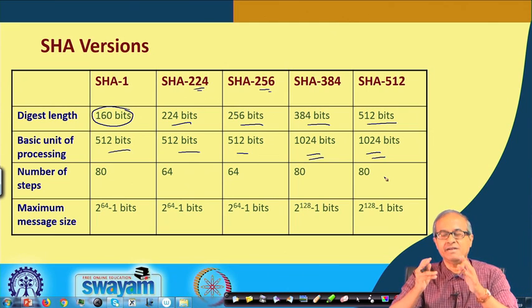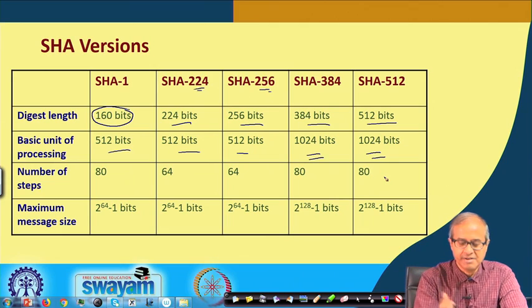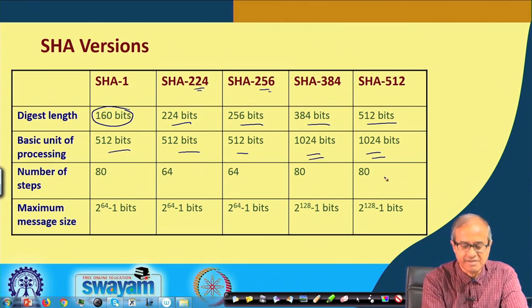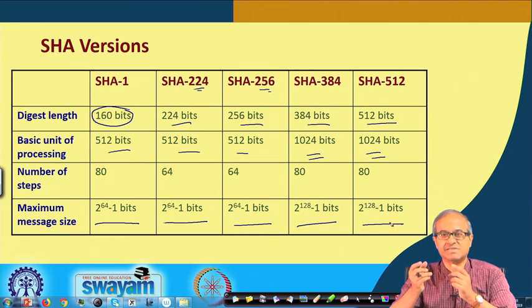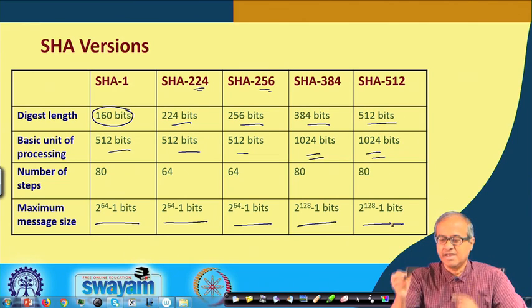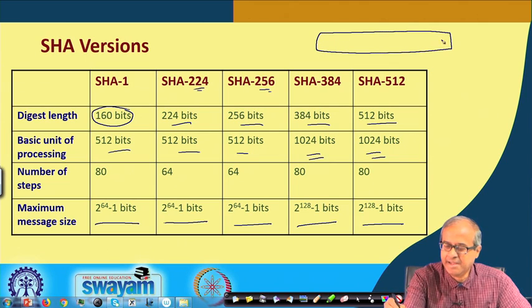And as I said earlier, the message size cannot be unlimited, there is an upper limit. Now, the upper limit is very large in fact. For the first 3, it is 2 to the power 64 minus 1, a huge number. For the last 2, it is 2 to the power 128 minus 1, which means, you recall, in that message that you are padding, at the end you put the message length.